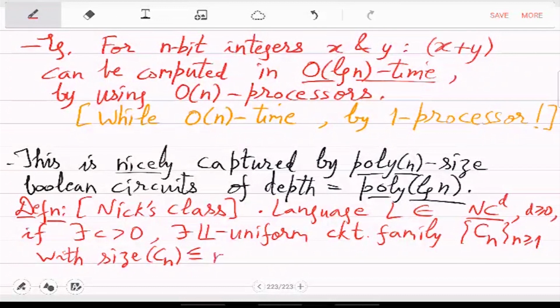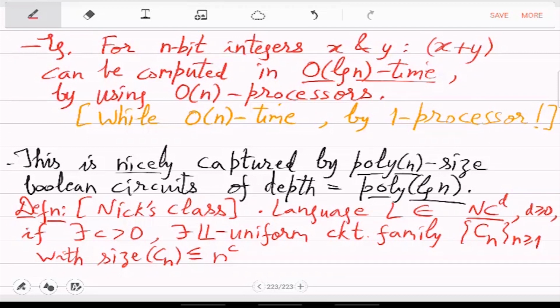So, size is less than or equal to n^c, and c is an absolute constant, and C_n is a circuit. As n grows, it becomes a circuit family, which can be computed, the connections can be computed, in log space.